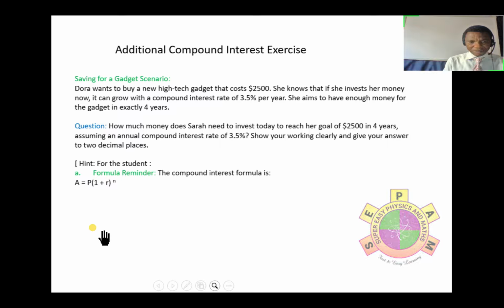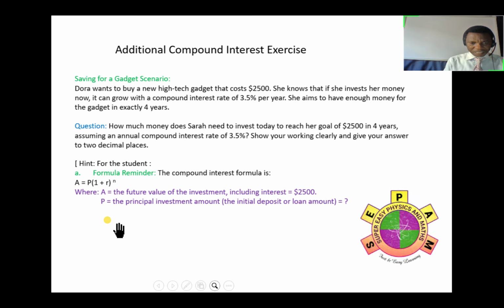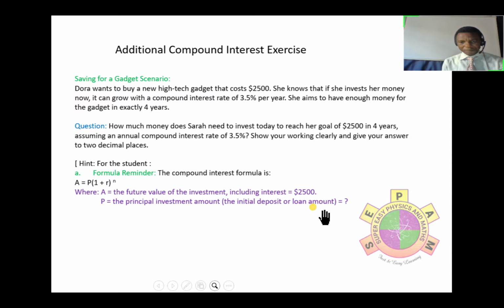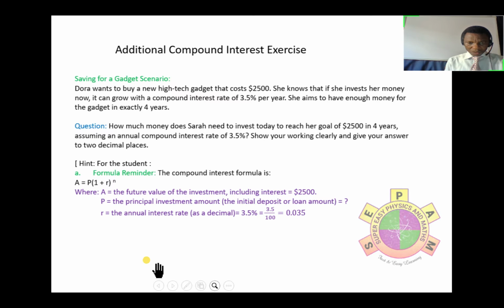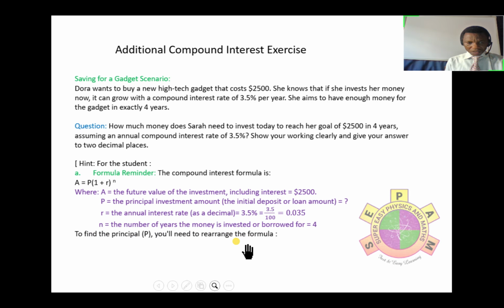So let's look at it. The formula for compound interest is this. The future amount is 2,500. Now we are looking for the principal, the amount that she needs to invest in order to yield $2,500. The rate is given as 3.5%, which is 3.5 over 100, which is 0.035. Then the number of years is 4.